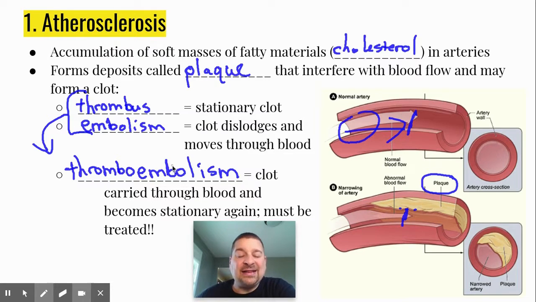Pulmonary obviously would mean the lungs, cardiac or coronary in the vessels that feed the heart, you could also move up towards the brain, a lot of times, sometimes in the legs. And so these can be very dangerous because we'll talk about them here in a little bit. When it blocks the flow of blood, tissues can start dying.